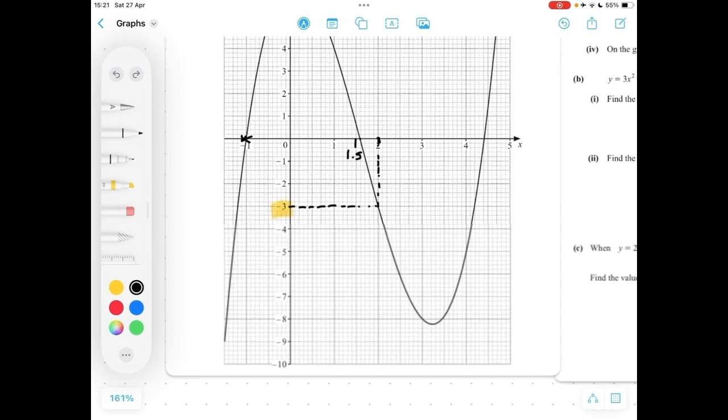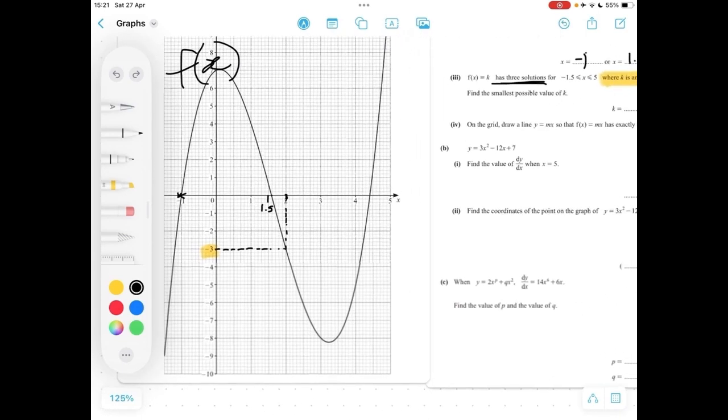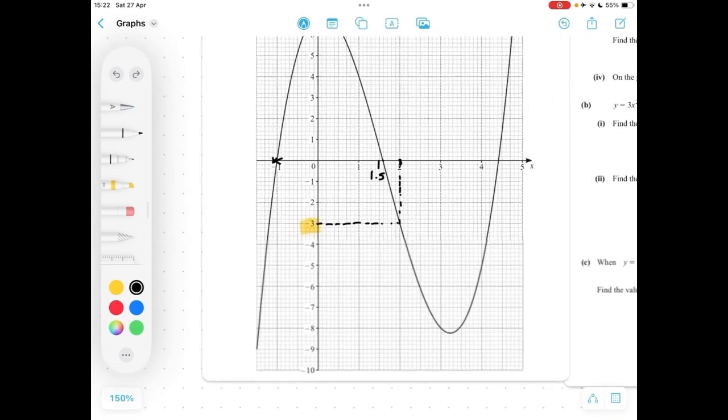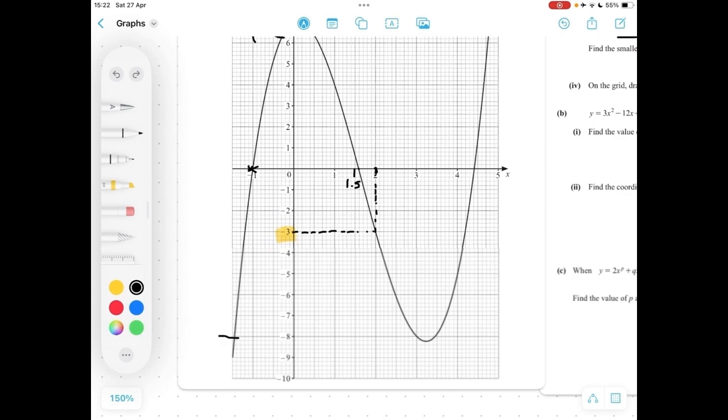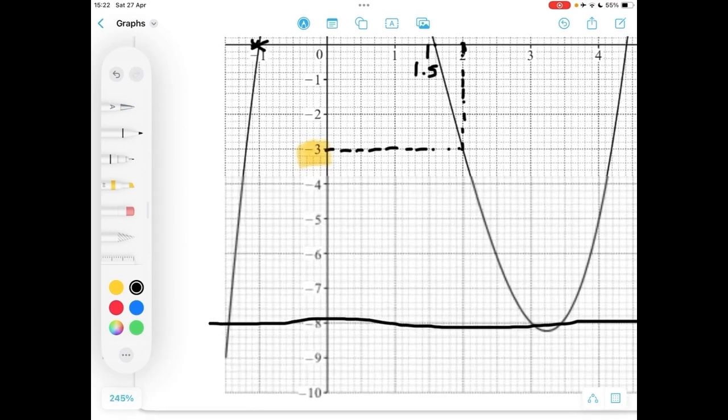So the way to give 3 is that it must be above this line. We can see from the graph that the smallest possible value is -8. Because if we draw a line -8 across, like that, it would intersect the curve y equals f of x 3 times.